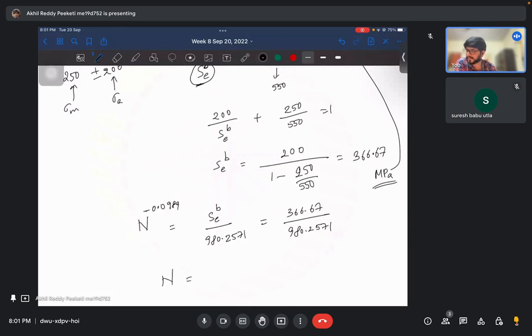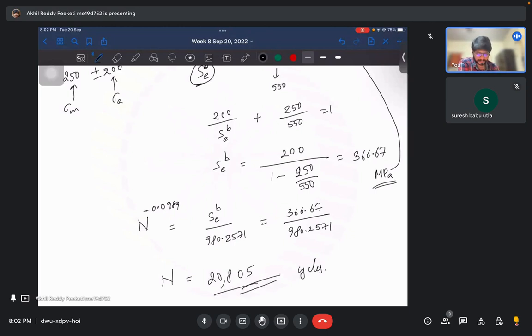This will give you the cycles as almost 20805 cycles.